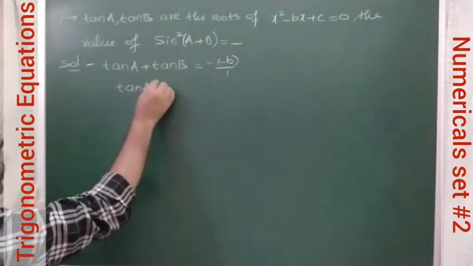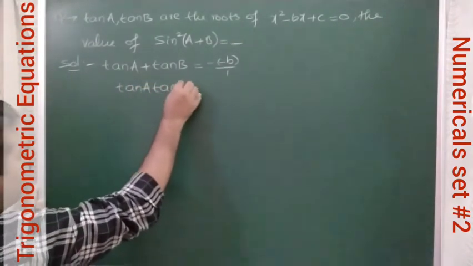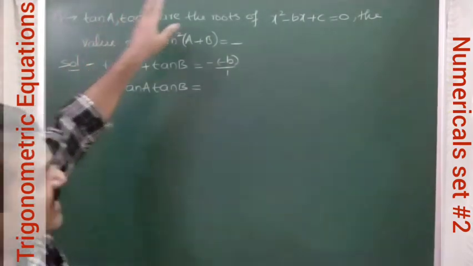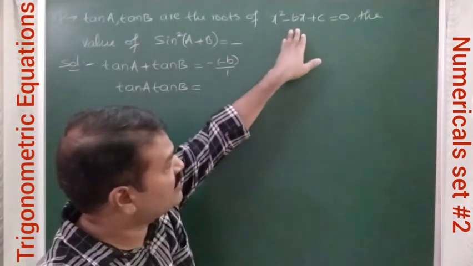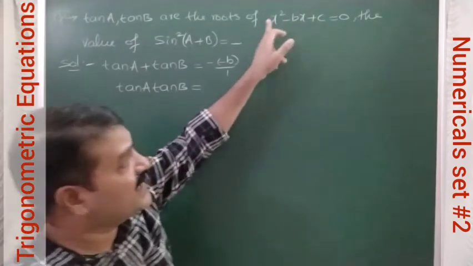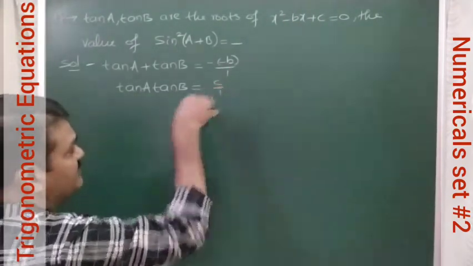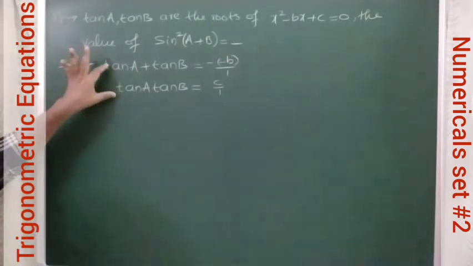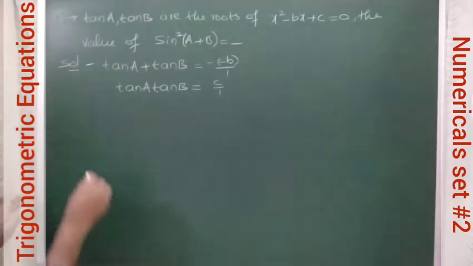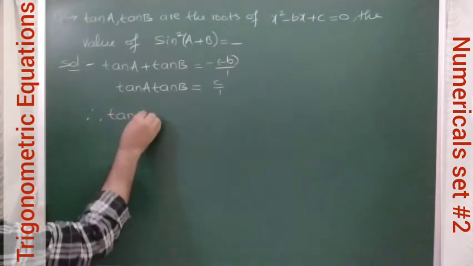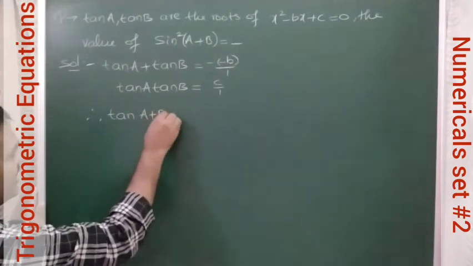Now what is the product of the roots? Tan A into tan B. From this equation, the product of the roots means constant term by coefficient of x square, that means c by 1. Since we know these two expressions, we can find tan of (A plus B) using the compound angle formula.